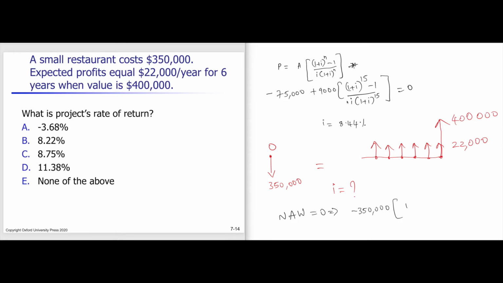The formula is I times 1 plus I to the power n, and the number of n's are, if you observe, 1, 2, this is 0, n is 6. So minus 1, so I times 1 plus I to the power n over 1 plus I to the power n minus 1, right?